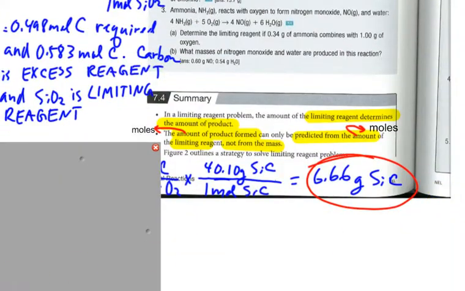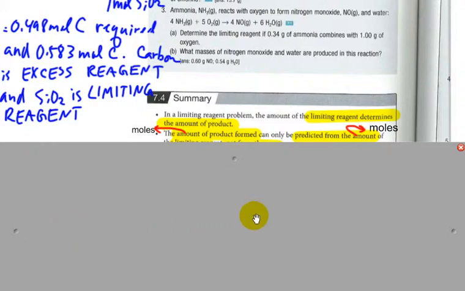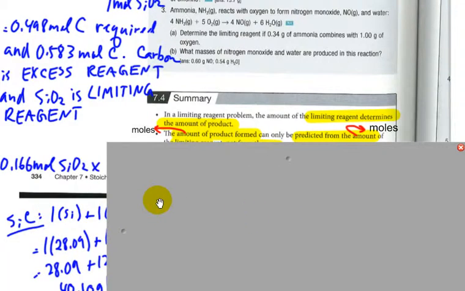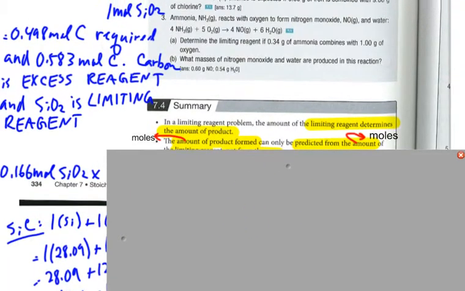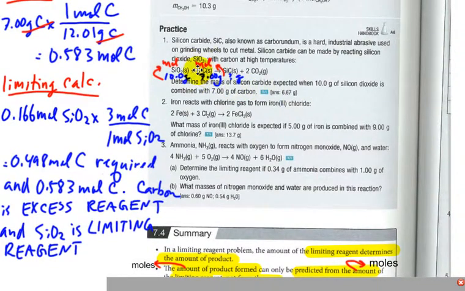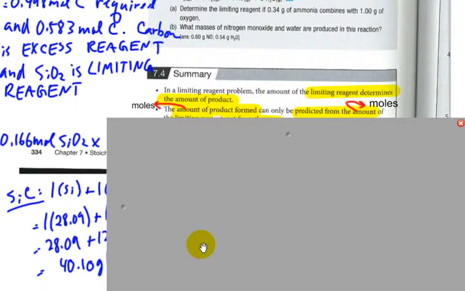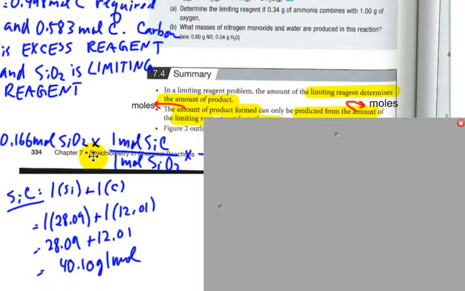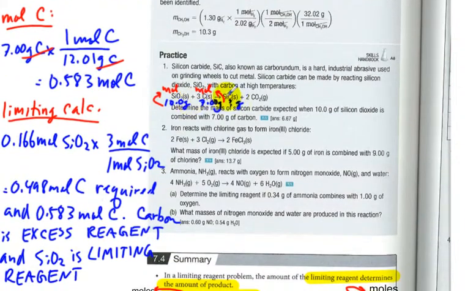So 0.166 moles of silicon dioxide, and as we see here it's a 1:1 ratio, so that's nice and easy. Even though it doesn't change things numerically, you should still show that so you can cancel moles and moles, and we're left with moles of silicon carbide so far.